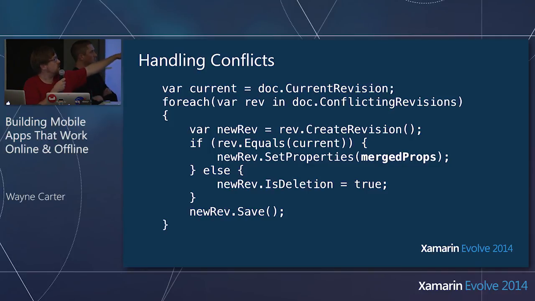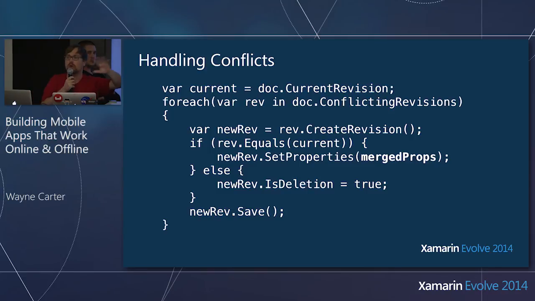If this other one isn't the one we say is the current version, then we're going to mark it as deleted. If it is, then we're going to set the properties of this new revision we're about to commit and save to these merge properties. And I highlight in bold merge properties because I'm totally hand-waving over the hardest part, which is how do you do the merge stuff, right?